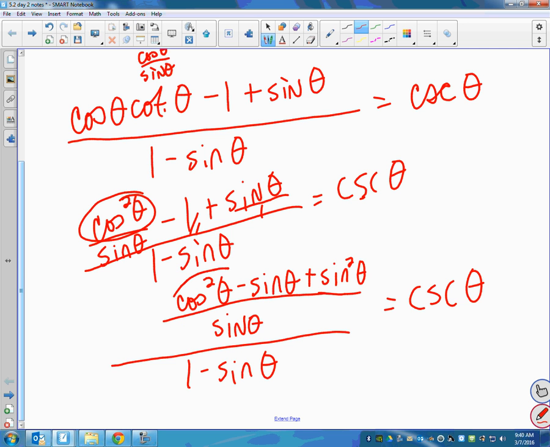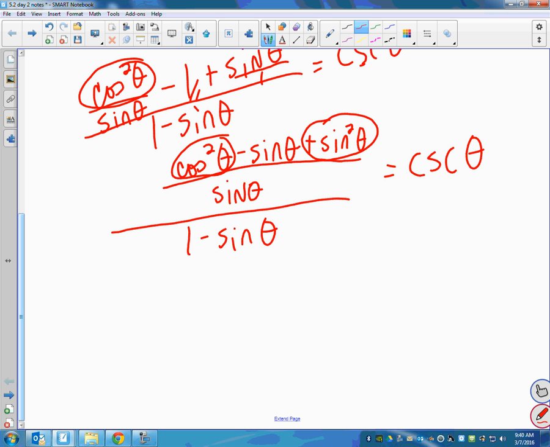Do I have cosine squared plus sine squared? I would have never gotten that if I didn't get a common denominator. So it's why common denominators are such a reoccurring theme when we do this. So that just equals 1. So now I have 1 minus sine of theta over sine of theta.